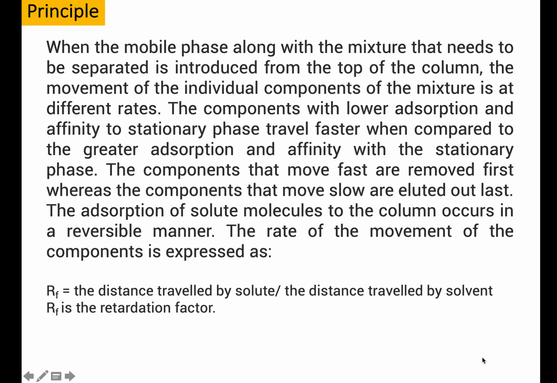How can we separate the components throughout the column of silica gel? The column is filled with the silica gel that has been wetted in advance by the mobile phase. The mobile phase in today's lecture must be liquid.